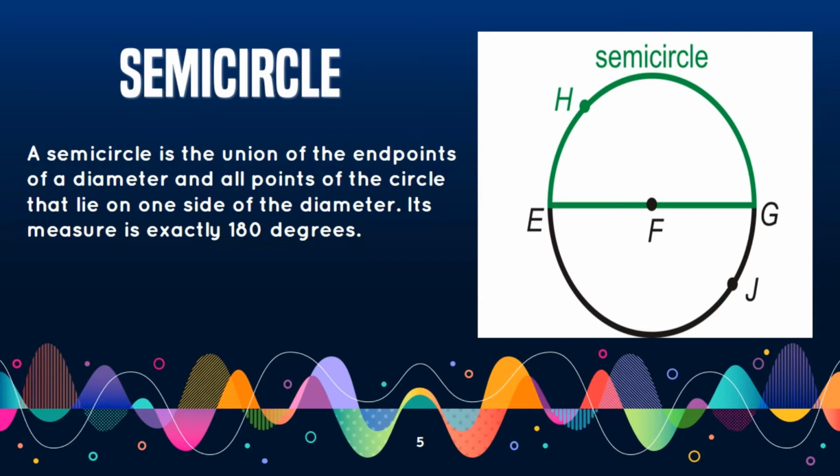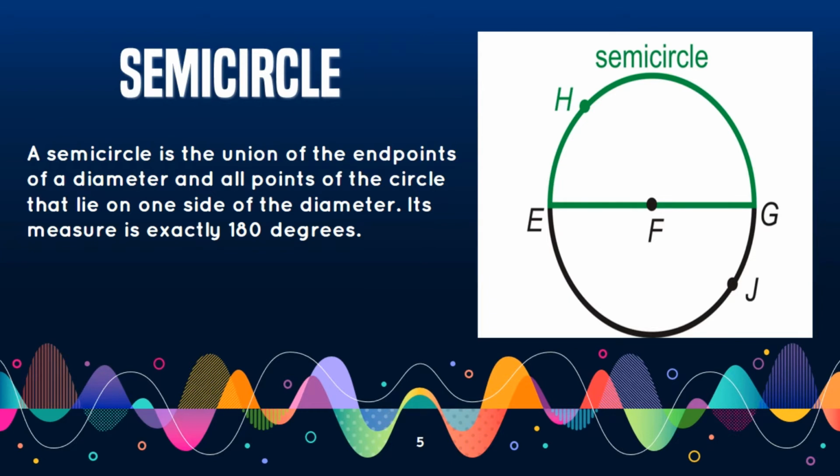In the following figure on the screen, we can tell that arc EHG is an example of a semicircle, and arc EJG is also an example of a semicircle. In this case, we have the diameter EG, and all the points on the circle that lie on one side of the diameter, for example EG, is considered as a semicircle.